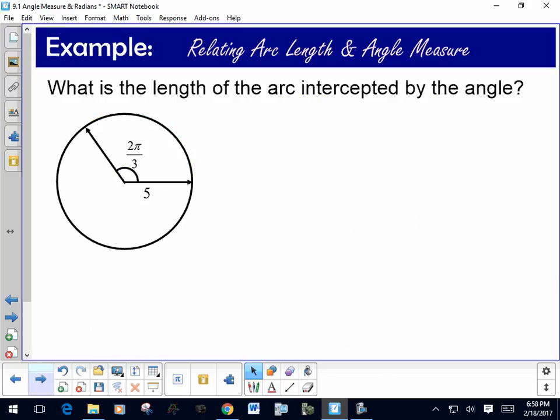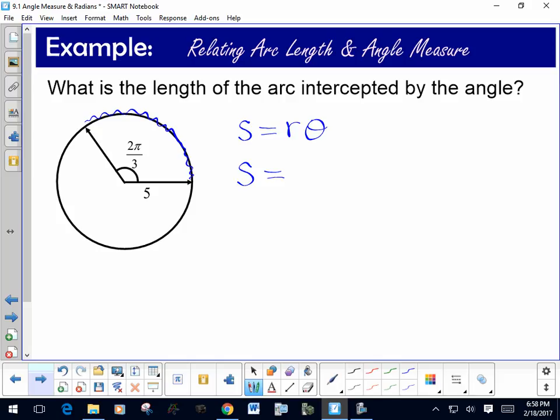So let's try a couple of arc length problems in radians. So here is a circle. We have an angle, 2 pi over 3 is our angle. Our radius is 5, and we want to know what's the length of this arc. Since my angle is measured in radians, I can use the formula r theta. So the arc length is 5 times 2 pi over 3.